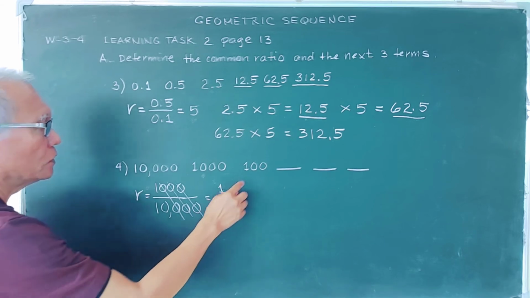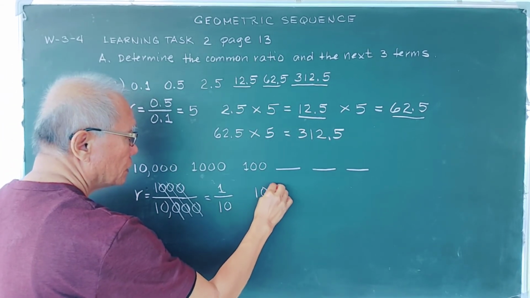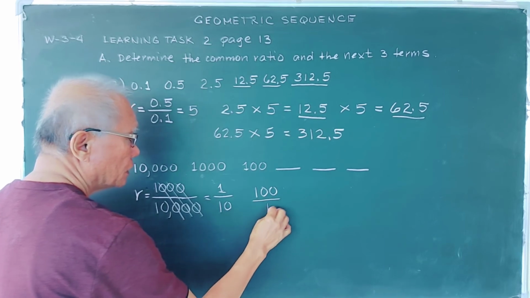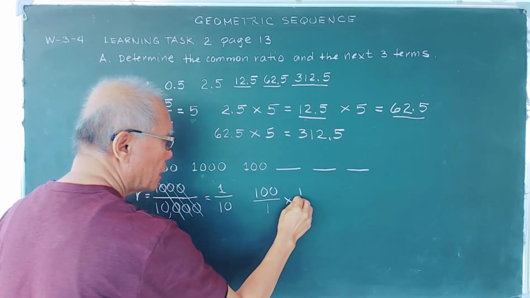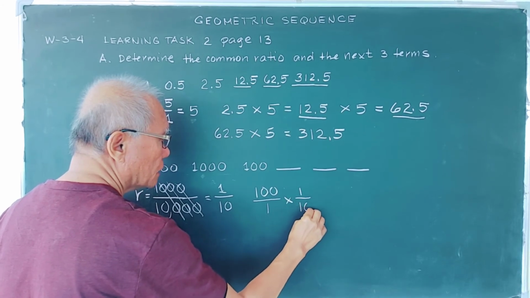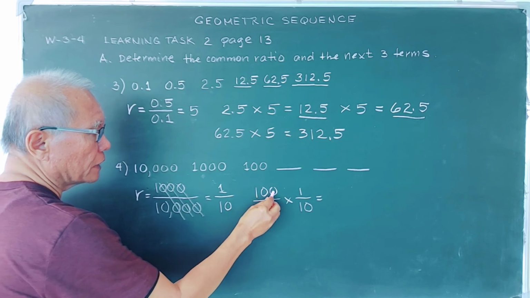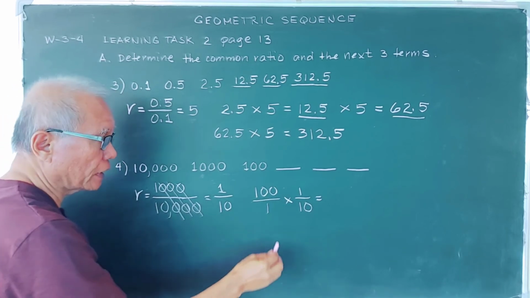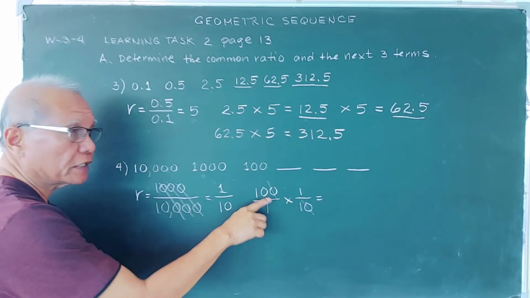Okay, 100 tayo. Kopyahin yung 100. Lagyan ng 1 times 1/10 equals 100 divided by 10. Cancel ito. So, ang matitira ay 10.